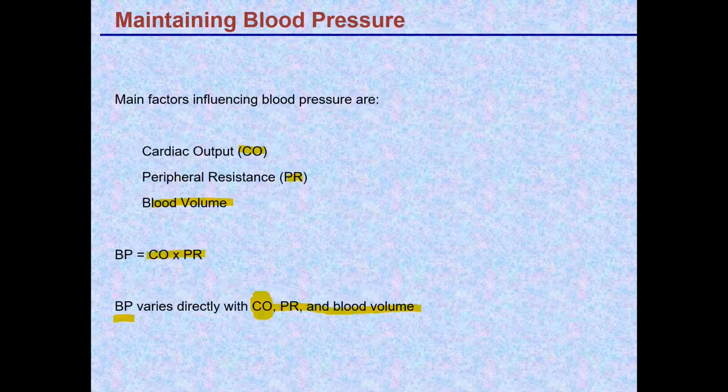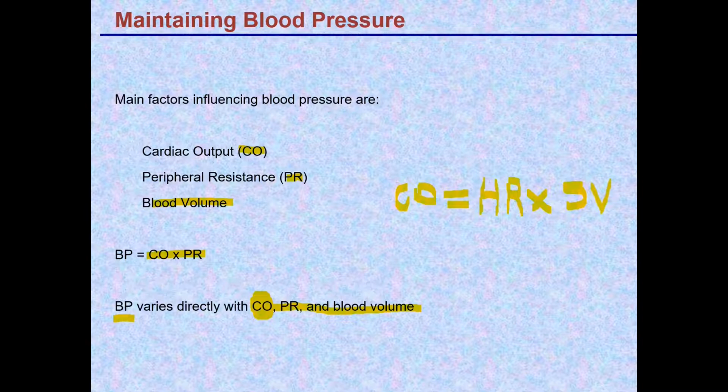Well, cardiac output is equal to heart rate times stroke volume, and if you start suddenly exercising or any type of skeletal muscle activity, then your heart rate rises because the sympathetic nervous system triggers that. So there's heart rate times stroke volume.